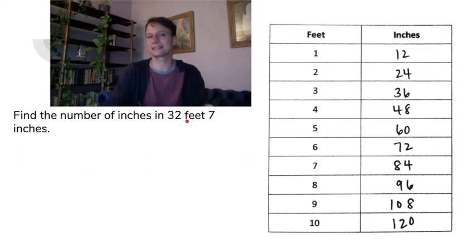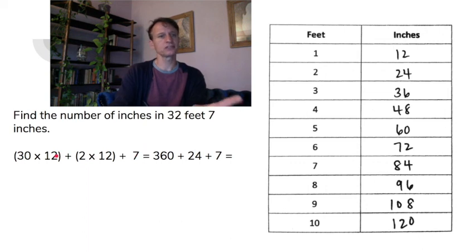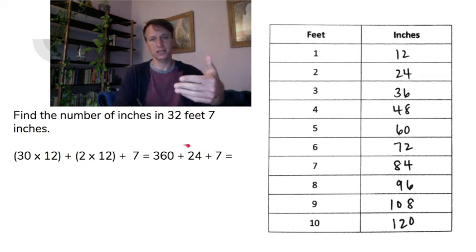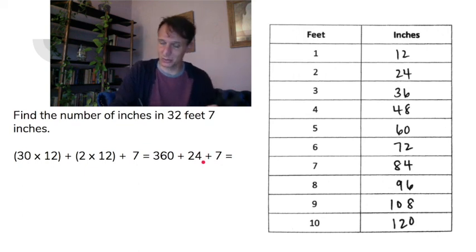32 feet, 7 inches. All right, again, I think decomposing this is good. 30 times 12 might be something we can do, 2 times 12, and then add in those other 7 inches. So for 30 times 12, you can do 3 times 12 is 36, times 10 is 360. 2 times 12 is 24, and then the 7 inches. 360 plus 24, 384, plus 7 more.